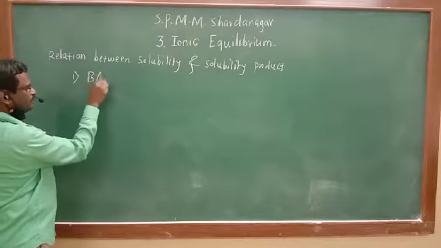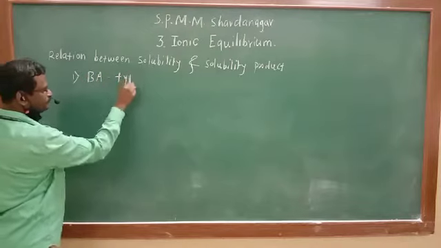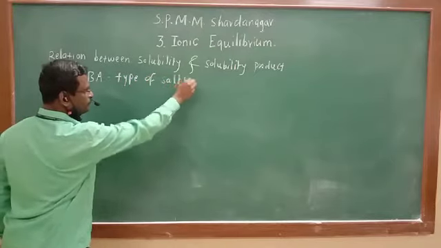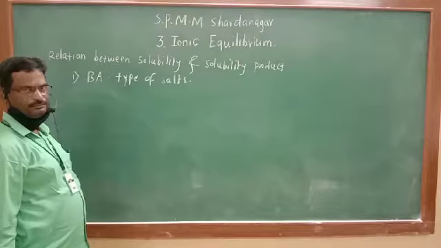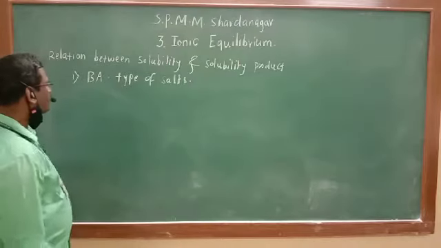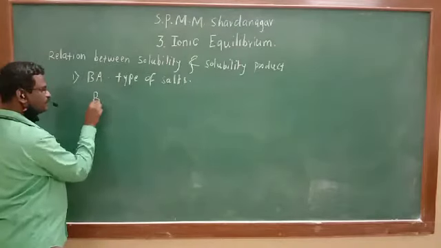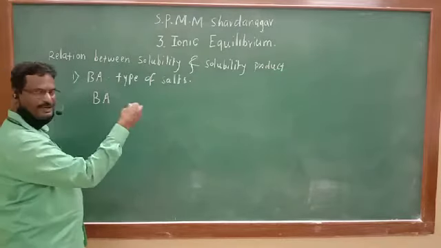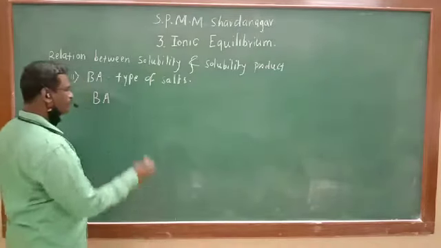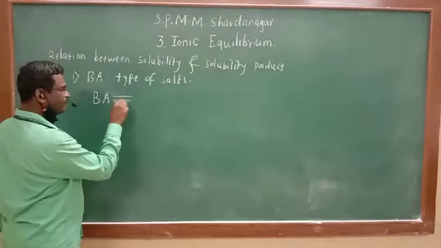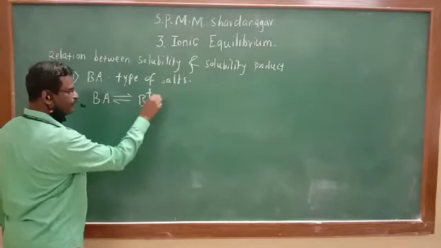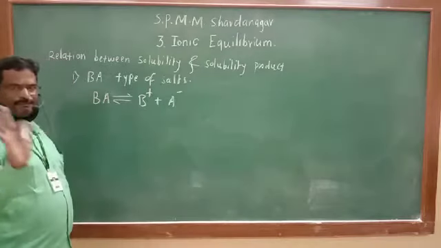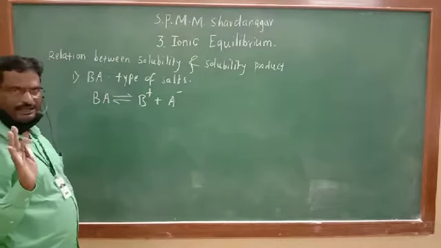First type of salt, BA type. BA type of salt, a sparingly soluble salt. This is a salt, so it undergoes dissolution, and that part is in the ionic form. So there is an equilibrium existing between B plus and A minus. In a very simple format I am telling here.